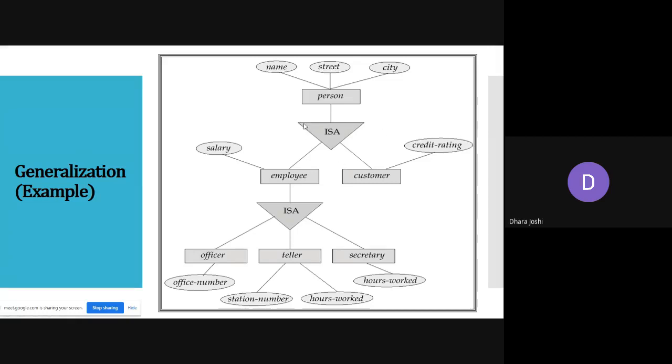ISA can be used in the triangle mode. What does it mean? If we look from bottom to top, employee is a person, customer is a person. So we are thinking of it as the generalized term person.